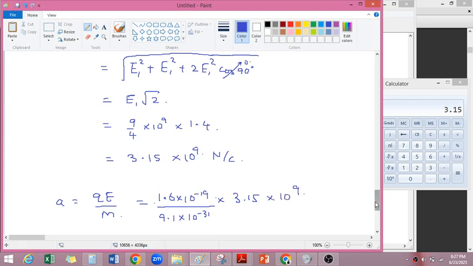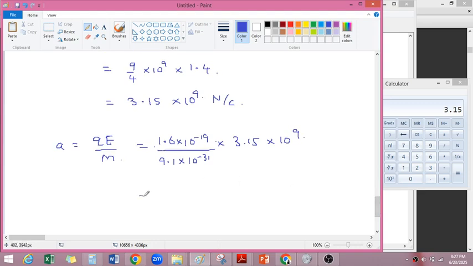Very important, all of you listen carefully. What I would do is, I would do the 10 powers first, and then I will worry about these things. Many of you do these things very accurately and make mistakes in the 10 power, which is extremely wrong, right? So 10 power is more important. This is minus 19, this is plus 9, so it will become minus 10. Minus 10, minus 31, minus 10 will cancel, so minus 21 will be in the bottom.